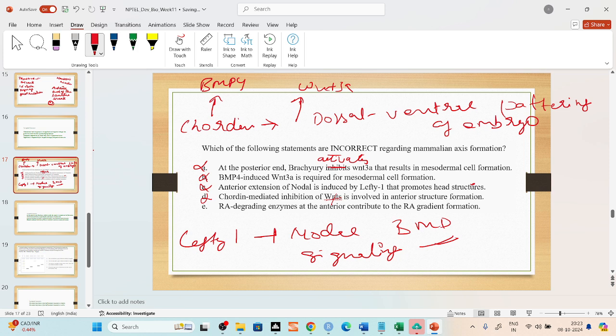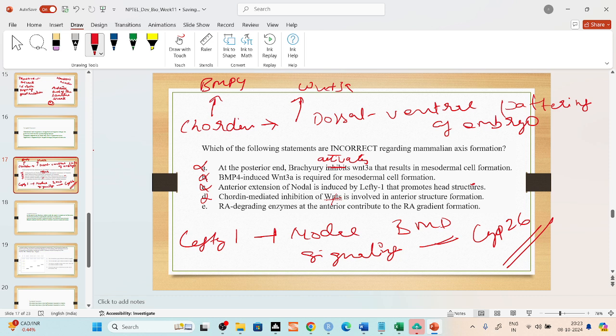What is RA? RA stands for retinoic acid. So, one such example of a retinoic acid degrading enzyme, which is a highly studied example, is CYP26. It is a retinoic acid degrading enzyme.